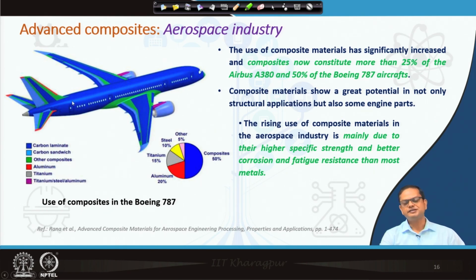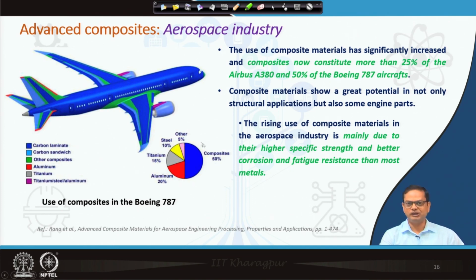You can see it is mostly blue colored, which means these are carbon laminates, also called carbon fiber reinforced plastics, CFRP. You can also see carbon sandwiches. So, mostly the body is made of carbon fiber reinforced composite material.